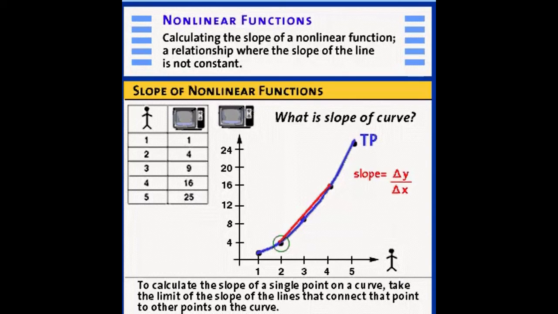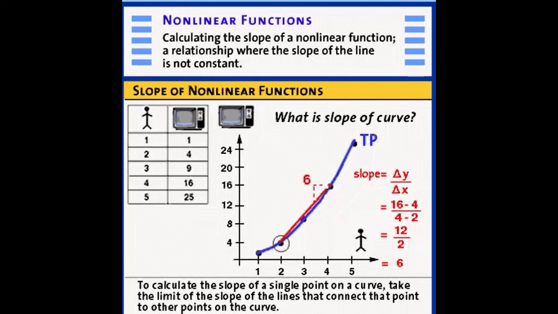Well, the change in the number of television sets is going to be 16 minus 4, which is going to be equal to 12, and divide that by the change in the number of workers, which is going to be 4 minus 2, and that's going to give me a slope of 12 over 2 equals 6. The slope of this red line right here, that is its rise over its run, is going to be 6. The slope of that line is 6.